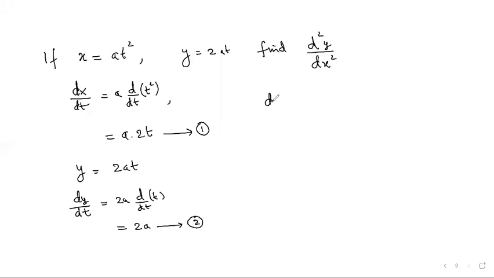Then I'll find dy by dx, that is dy by dt divided by dx by dt. So dy by dt is 2a and dx by dt is a into 2t, which will give me 1 by t.